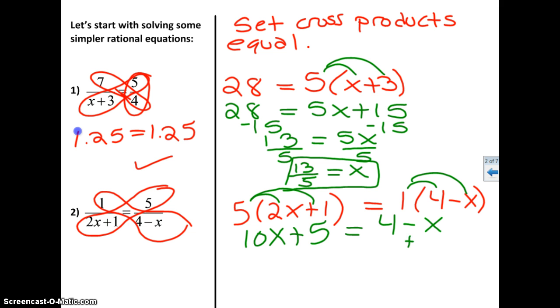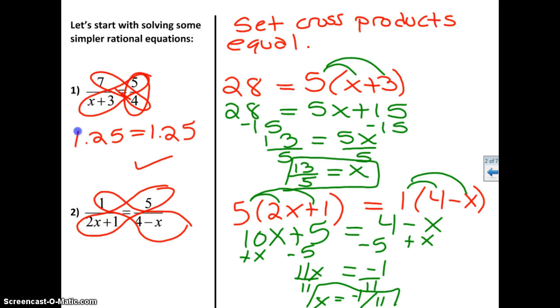I can add my x to the other side. I can also subtract my 5. So that leaves me with negative 1, and it leaves me with 11x. And I can solve by dividing by 11. So x is equal to negative 1 divided by 11.